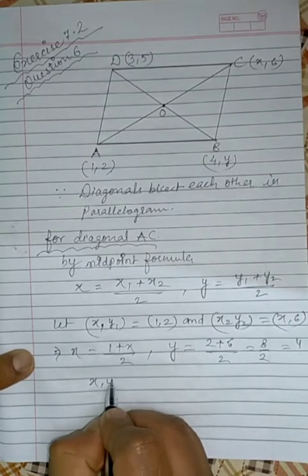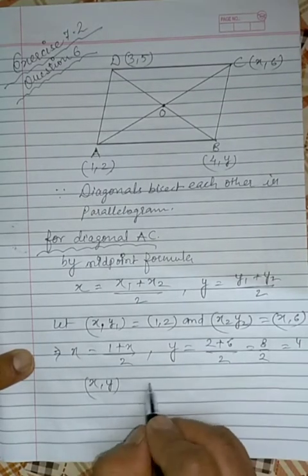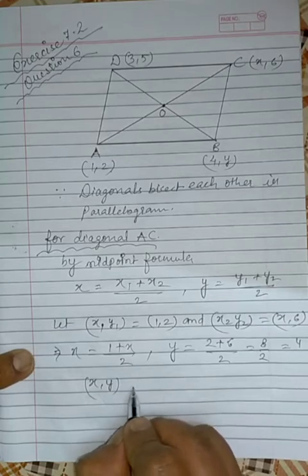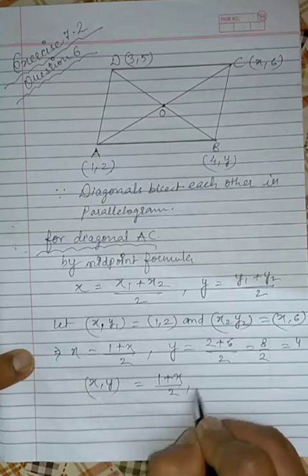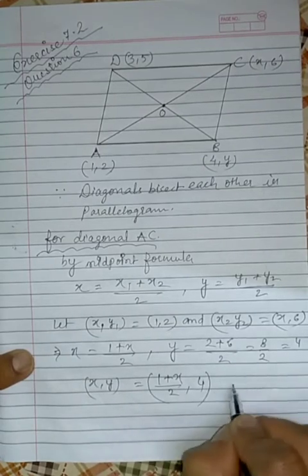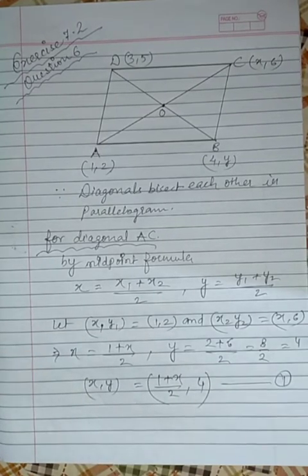So the coordinates of O for diagonal AC will be equal to ((1 plus x) upon 2, 4). Let this be equation number 1.